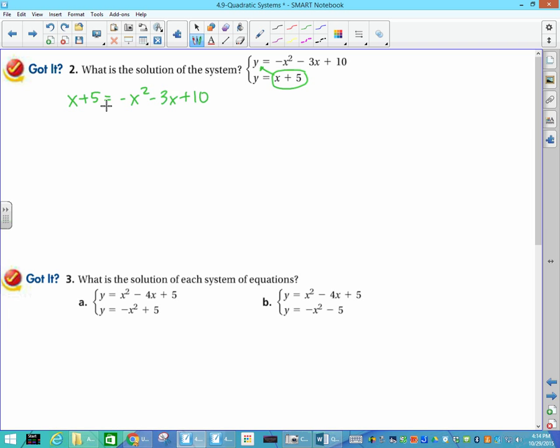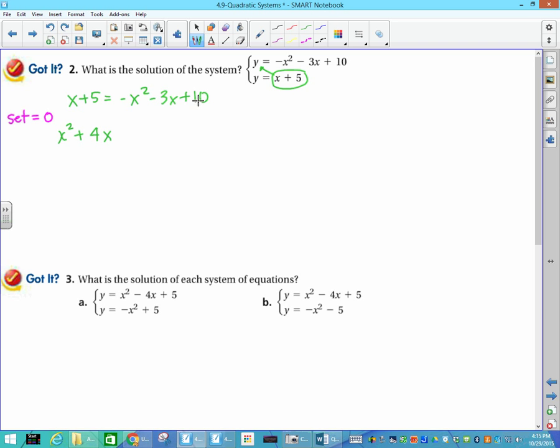It is a quadratic equation, y'all, and to solve a quadratic equation, the main thing that we do is set it equal to 0. So we're going to get everything on one side. And I want a positive x, so I'm going to move everything over to the left side. So when I add x squared, I have positive x squared. When I add 3x, 3x plus x is 4x.